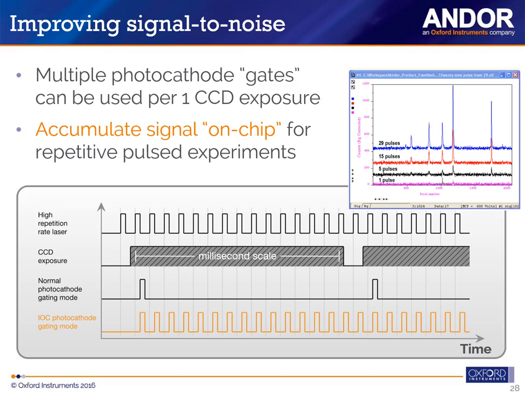The impact of this approach is shown in the inset on the right-hand side here. With a single accumulation, the signal cannot be seen above the noise floor. Then doing a number of accumulations, a number of gate openings during the CCD or sensor exposure, allows you to extract the signal from the noise floor and give extremely good signal-to-noise ratio.